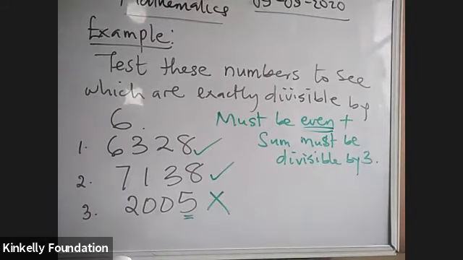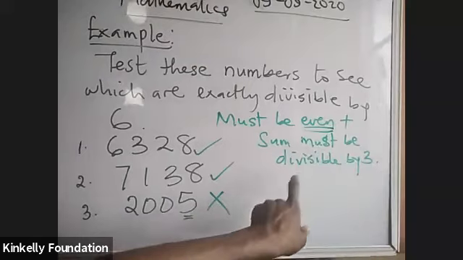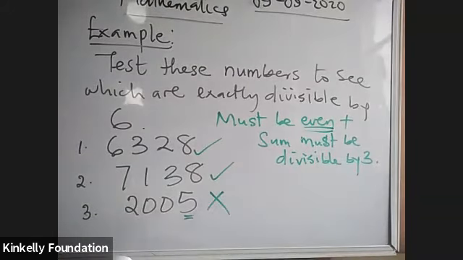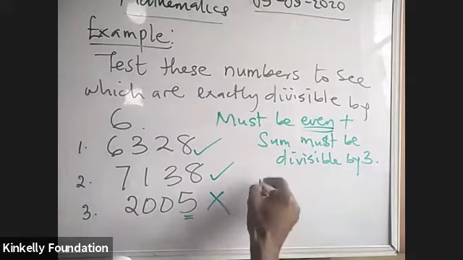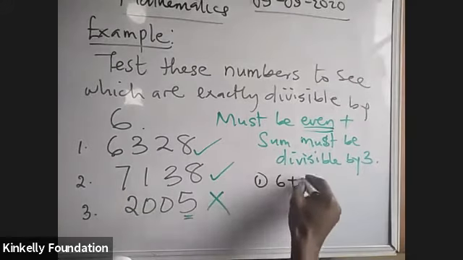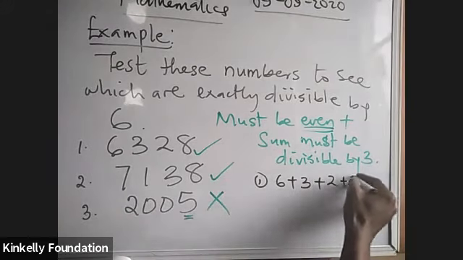Now let us check the second one, that the sum must be divisible by 3. We are going to add these digits and check what we have. For the first one, 6 plus 3 plus 2 plus 8.